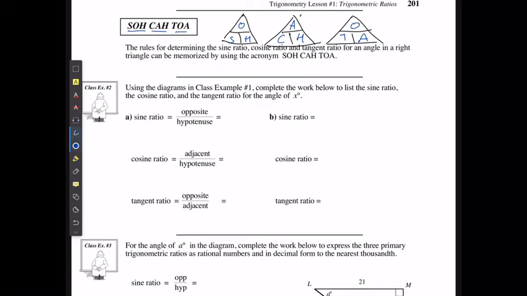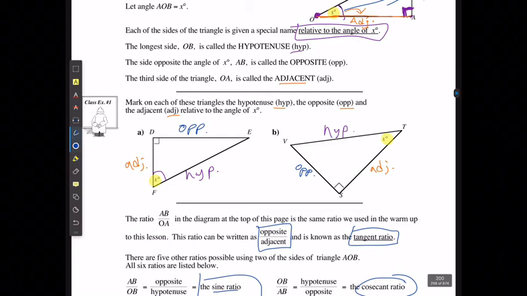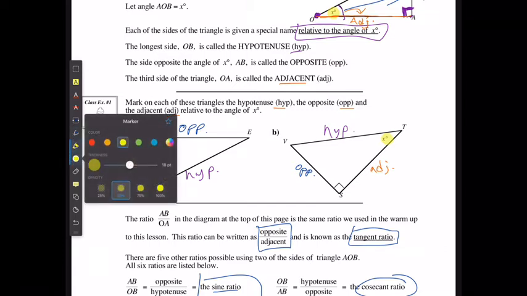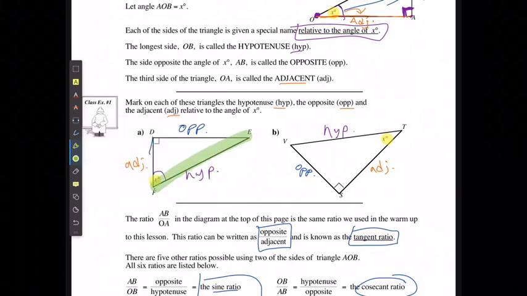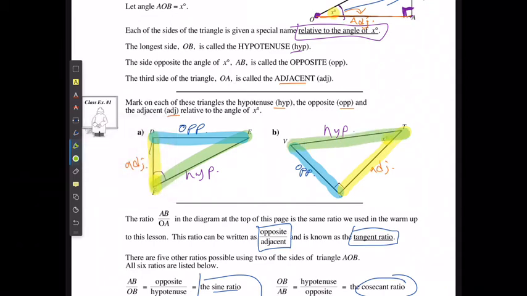So if we're stating from example 1 that our side lengths are going to be represented by either the length of F to E, or the side length of F to D, or the side length of D to E. And I can do the same thing on this side, V to S, S to T, and V to T. Then those are my side lengths.